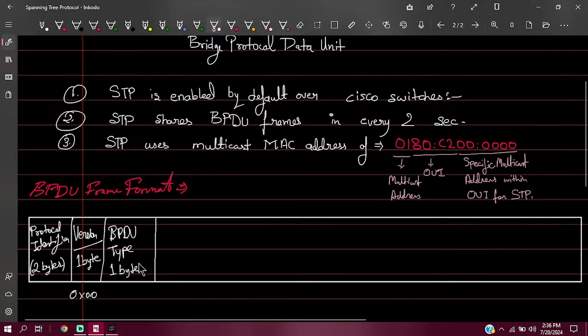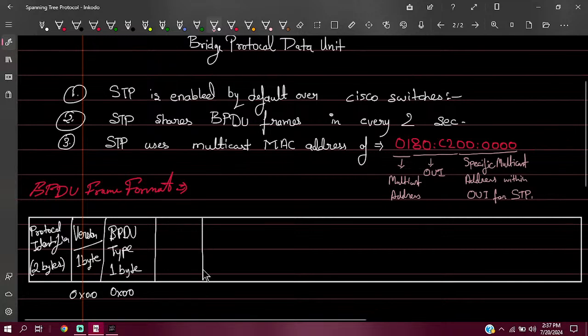And ये बेसिकली कॉन्फ़िगरेशन बीपीडीयू बताता है, ठीक है, जिसका वैल्यू भी 0x00 ही होता है फॉर द कॉन्फ़िगरेशन बीपीडीयू. When you guys will learn CCNP, तो CCNP में आपको पता चलेगा कि BPDUs भी अलग अलग तरीके के होते हैं, राइट. कॉन्फ़िगरेशन के लिए अलग जाता है, टोपोलॉजी बदलने के दौरान एक अलग तरीके का BPDU जाता है. So different types of BPDUs also exist in the spanning tree terminologies, but we won't be looking into that.